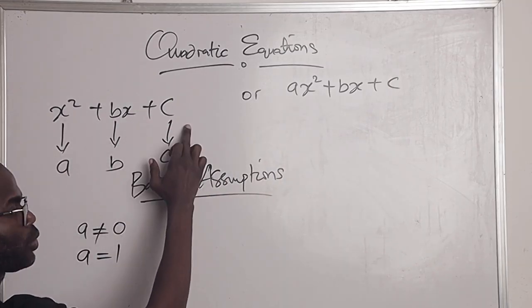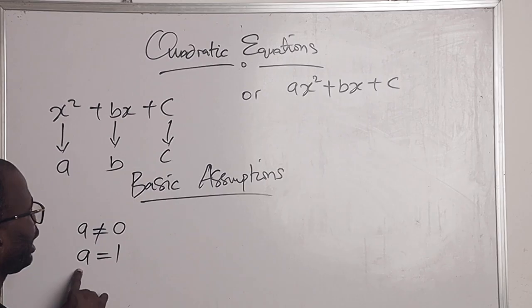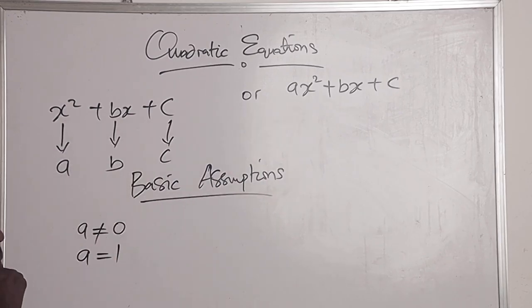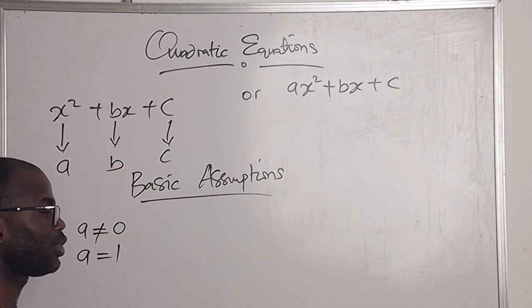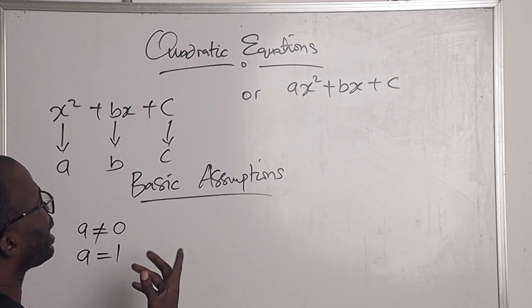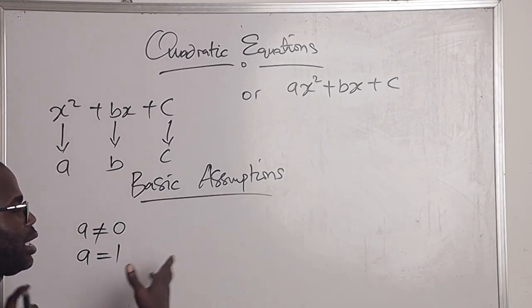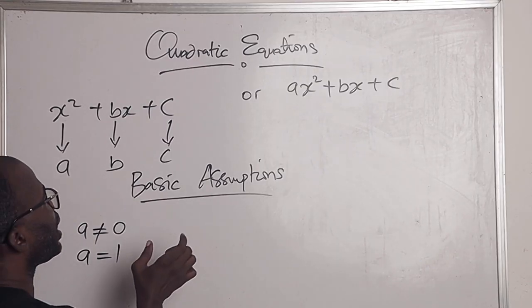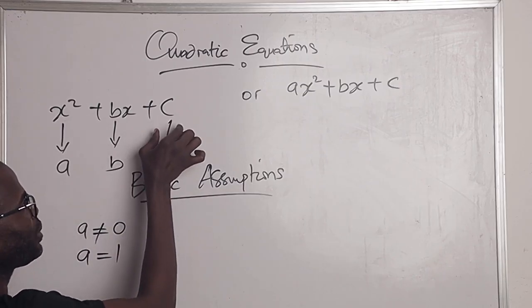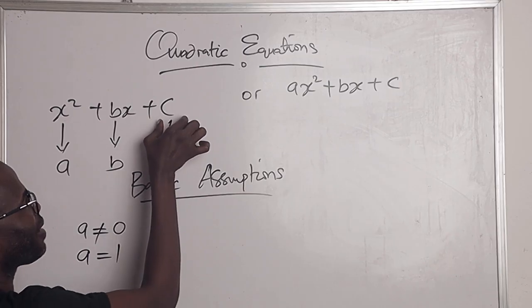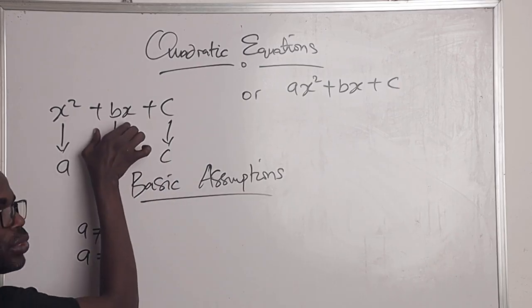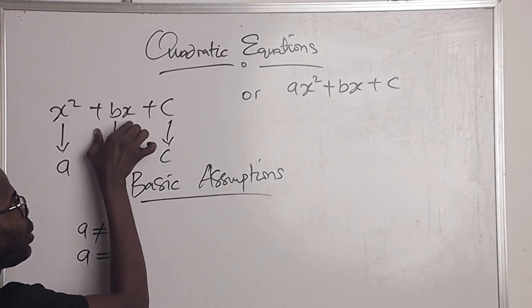For this quadratic expression to take hold, and a is equal to 1, for this to be the same as this, which is a trinomial, the next thing we should understand is that whenever we are solving quadratic equation, we are looking at the values of the constant, the values that ensure that the factors of this constant term, when added together, will give us the middle term, the coefficient of x.